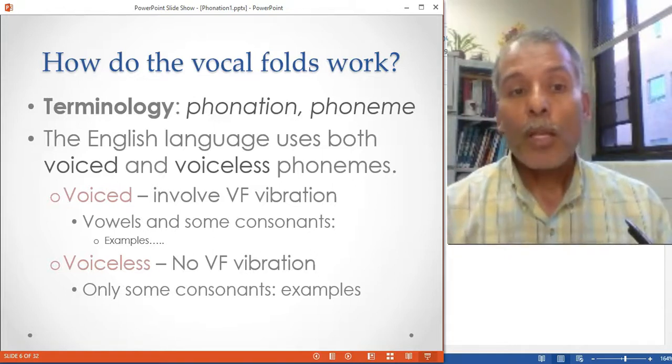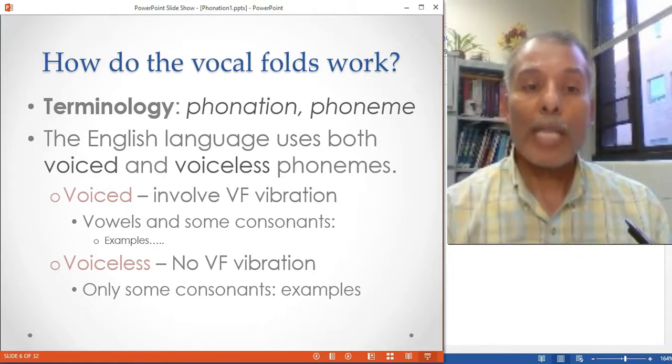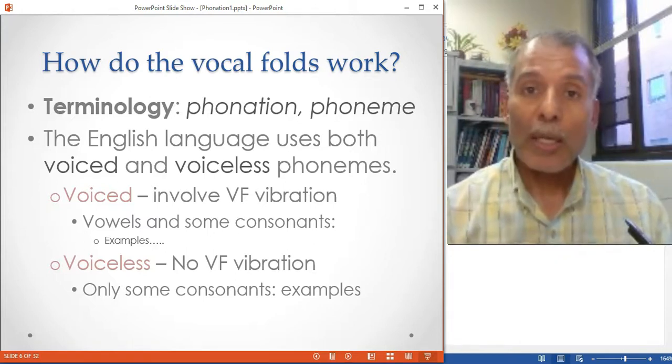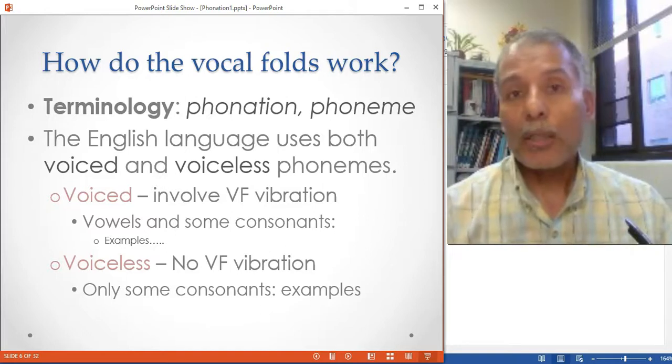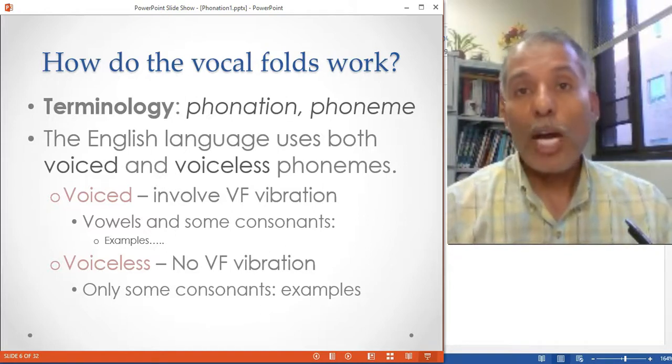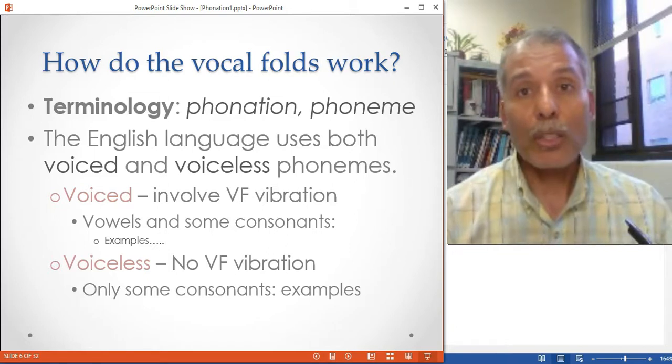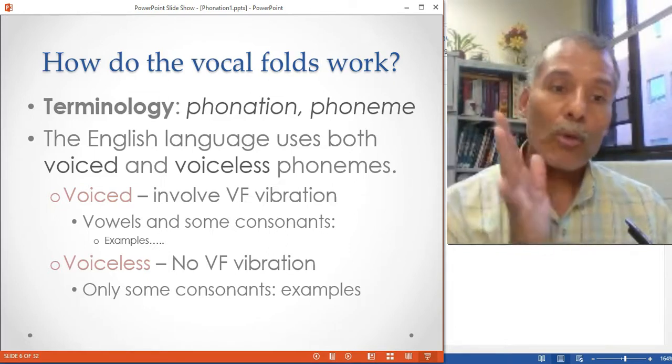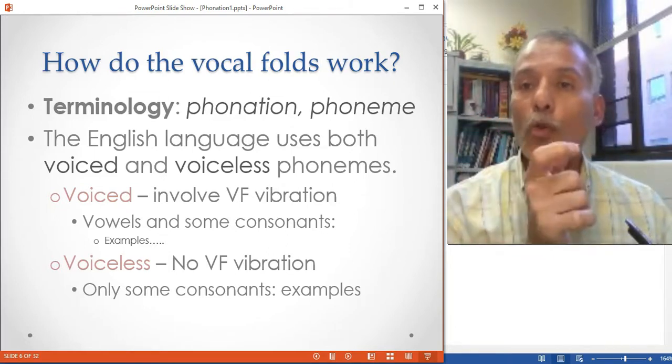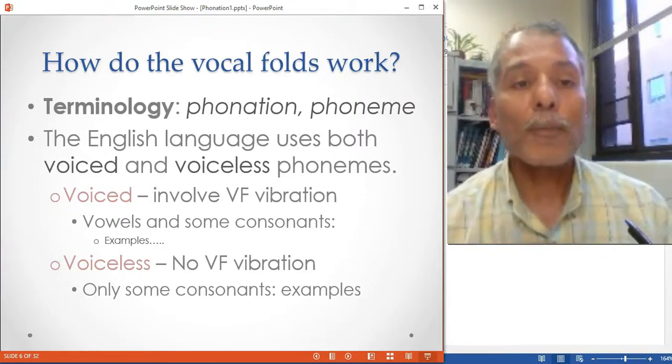And now, the voiced sounds are all consonants. Because we do not describe vowels in terms of voicing, all of them are voiced. When we look at consonants, we say a group is voiceless and a group is voiced.